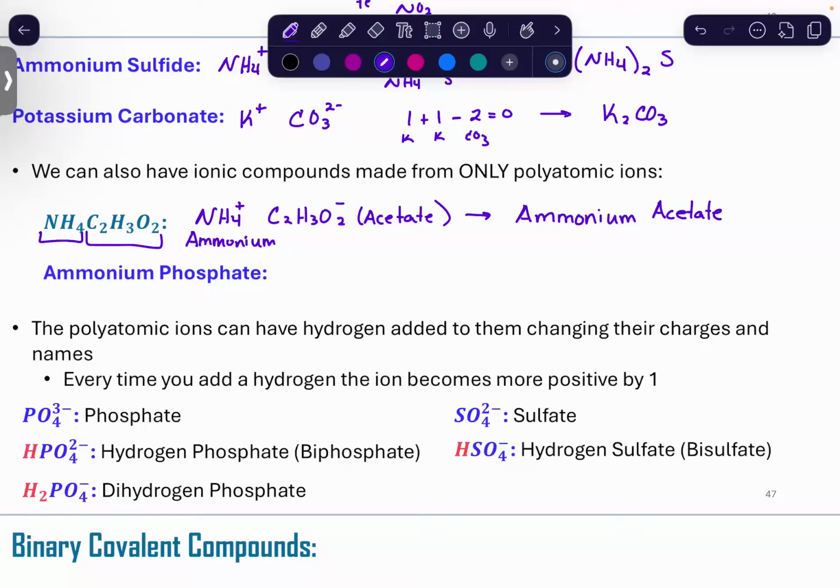So here's one, ammonium phosphate. Okay, well, how do we do this? Again, our ammonium is a +1, but this time phosphate is a 3 minus. Okay, so I'm going to need ammonium plus ammonium plus ammonium plus the phosphate to get neutral.